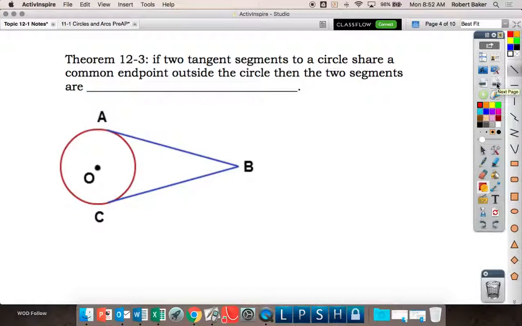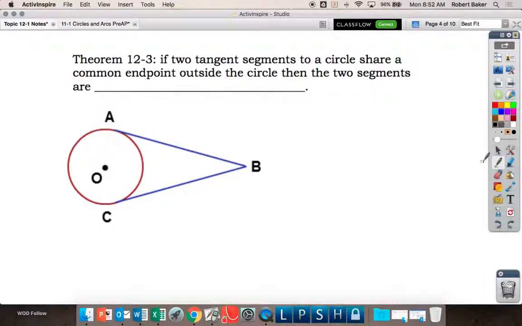Now, the last one that we've been kind of talking about, if two tangent segments of a circle share a common endpoint outside the circle, then those two tangent segments are... What do you say about the blue lines there? The blue lines are equal, so if I have two tangent lines that share a common endpoint B, those two tangent lines are equal to each other or are congruent.